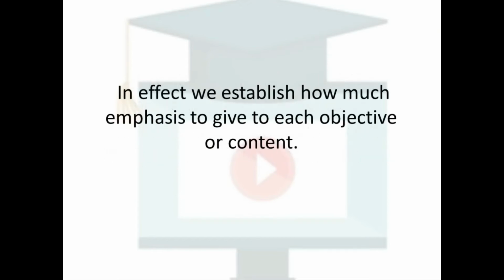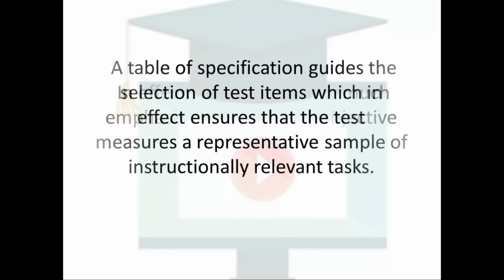In effect, we establish how much emphasis to give to each objective or content. A table of specification guides the selection of test items, which in effect ensures that the test measures a representative sample of instructionally relevant tasks.